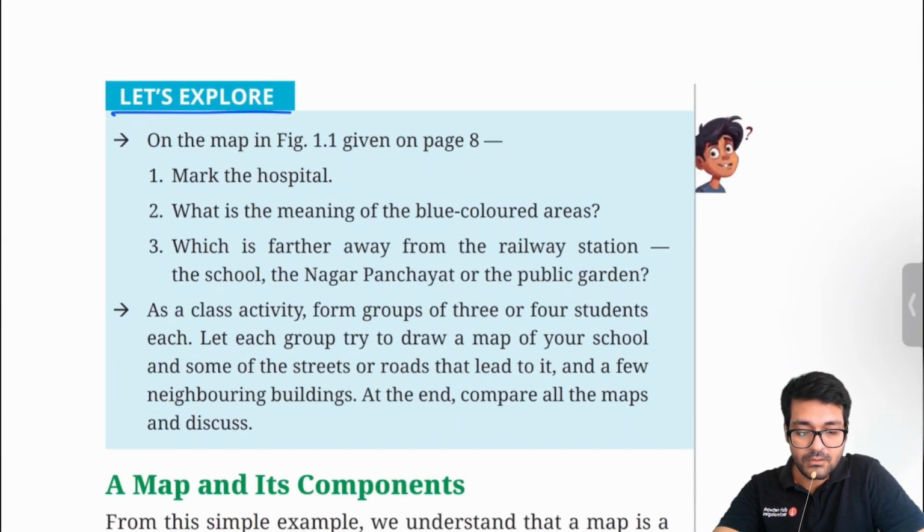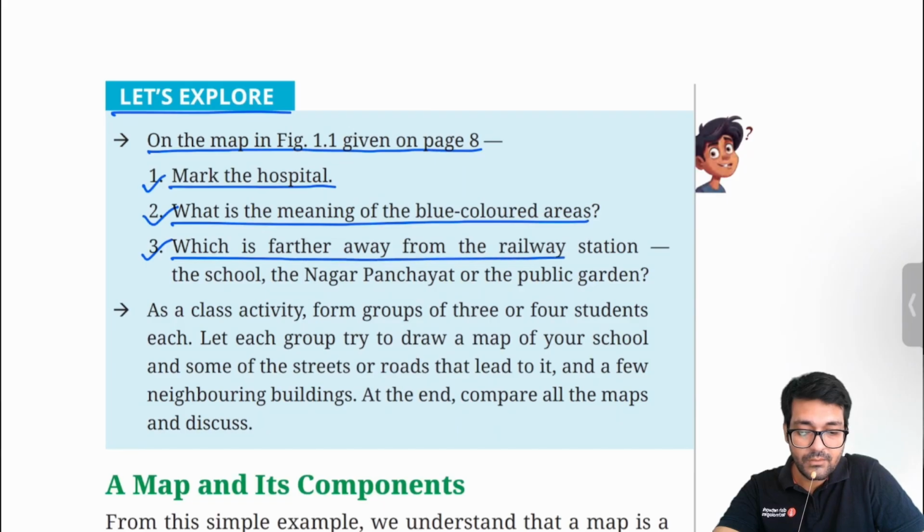Let's explore. On the map in Figure 1.1 given on page 8: 1. Mark the hospital. 2. What is the meaning of the blue colored areas? 3. Which is farther away from the railway station, the school, the Nagar Panchayat or the public garden?